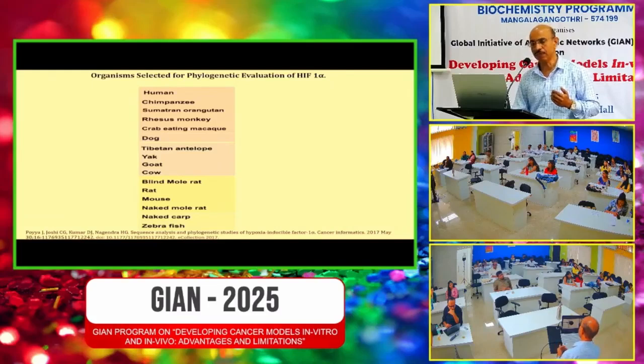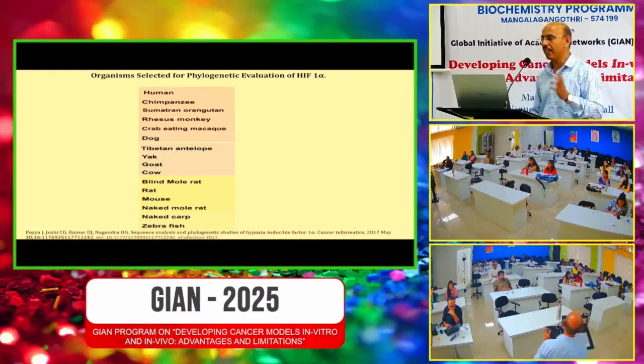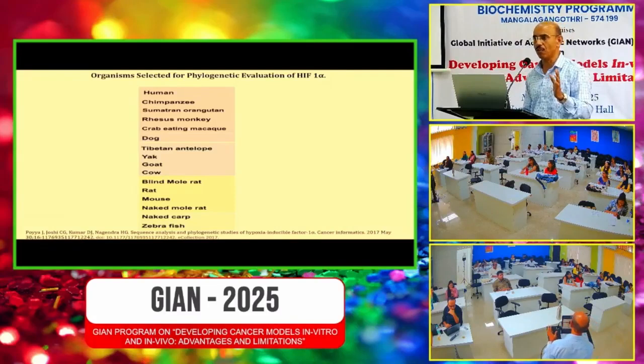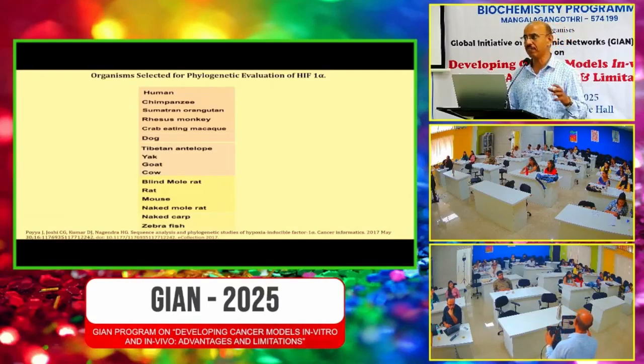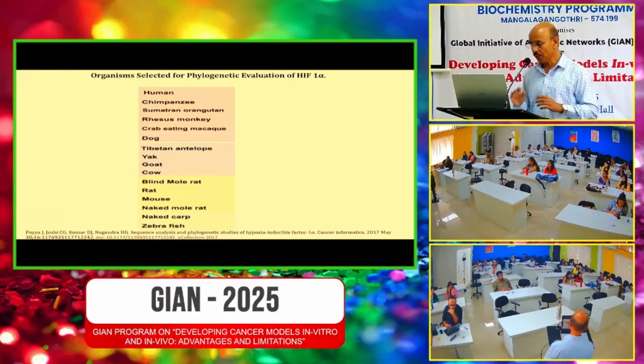And we selected even the lab mouse, the regular normal mouse, and even the rat. We included these two because in the earlier study we did not include them, as we did not know that there are certain organisms that can survive even at very low concentrations of oxygen.